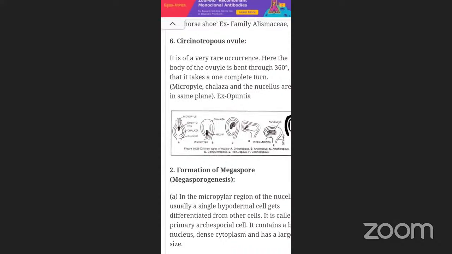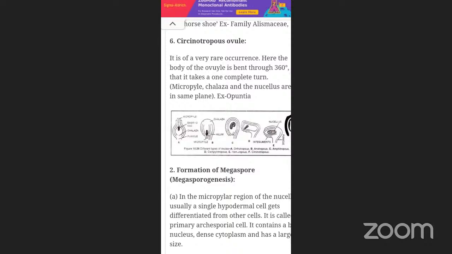See the first diagram: this is the micropyle and the funicle, and the chalaza is also there, in a straight line. This type of ovule is seen in around 20 families, mainly Polygonaceae and Piperaceae. Orthotropous means micropyle, funicle, and chalaza are placed in a single straight line.